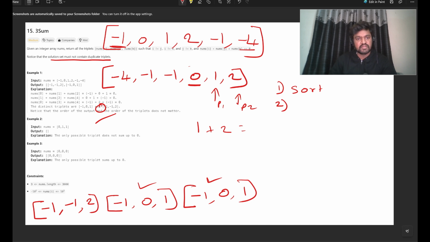This static value should be movable until n minus 2. N means the number of values in a list, and minus 2 because P2 and P1 need room to stand, so we are giving two places for those. So n minus 2, right?